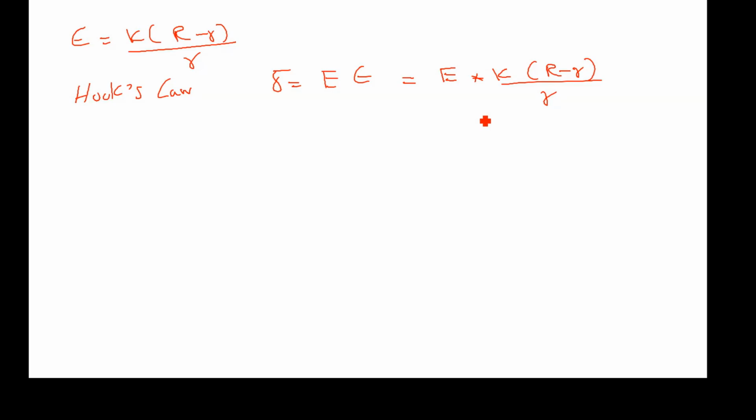Now, to obtain the location of the neutral axis, the resultant internal forces caused by the stress distribution acting over the cross section must be equal to 0. So the summation of forces acting in the x direction, the integral of sigma dA, is equal to 0.